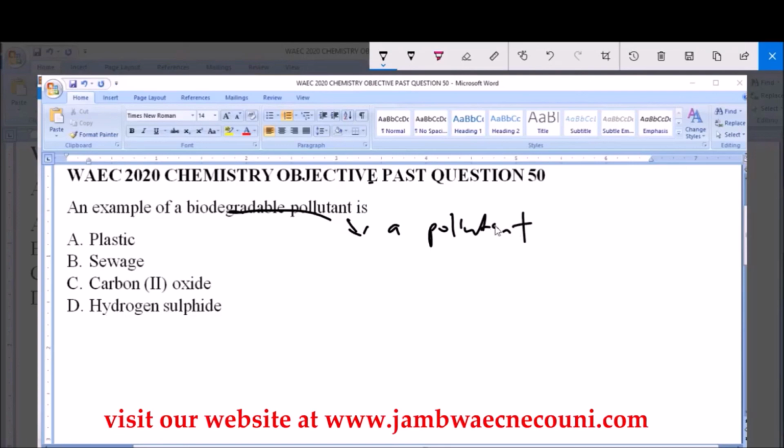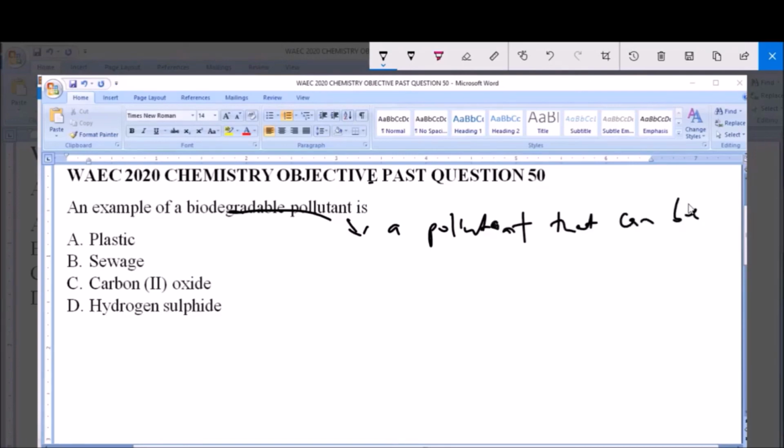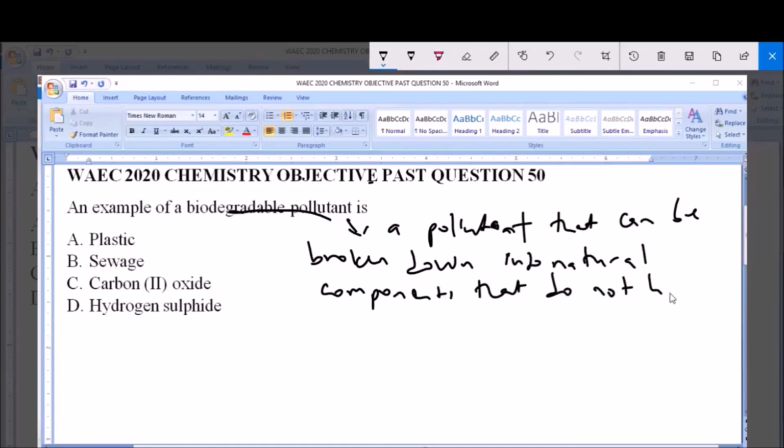that can be broken down into natural components that do not harm the environment over time.